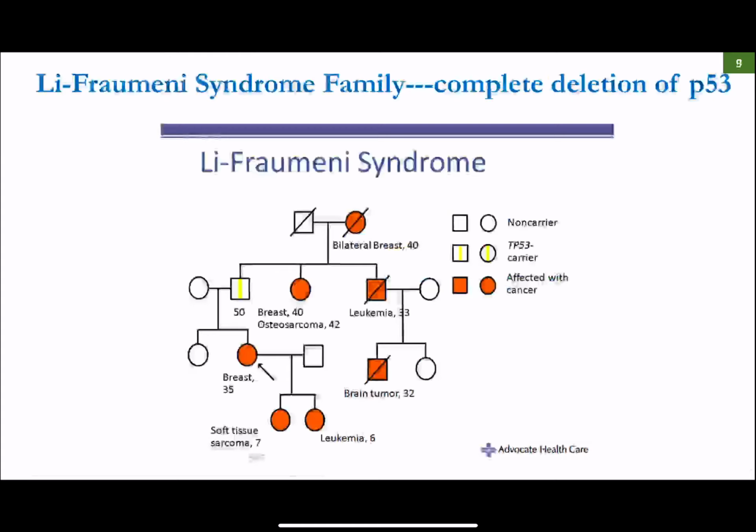This is a Li-Fraumeni syndrome family, which is due to complete deletion of p53. So I showed you how important the p53 gene is. It's the guardian of the genome. It responds to tumors and cancers as long as it's not mutated itself.